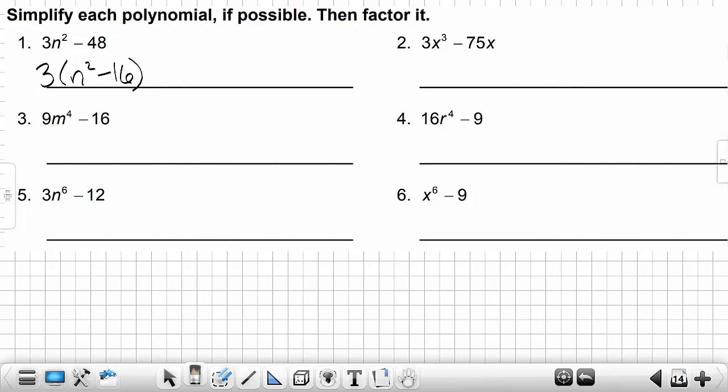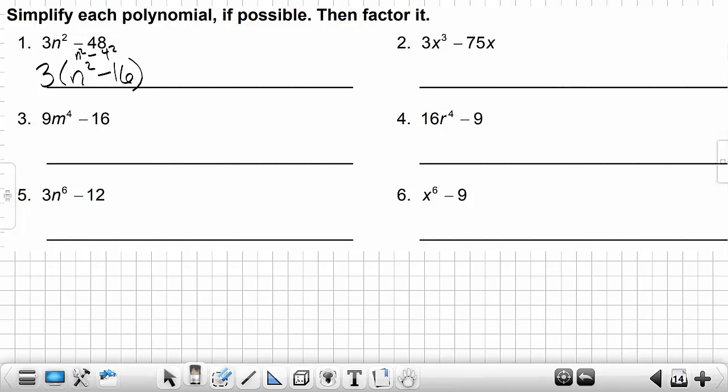Okay. So, n squared minus 16, folks, this is the equivalent of saying n squared minus 4 squared. So if we look at factoring the difference of two squares, our a would be n and our b would be 4.